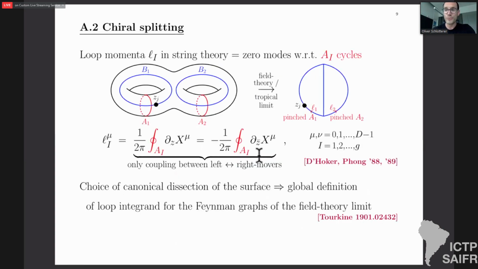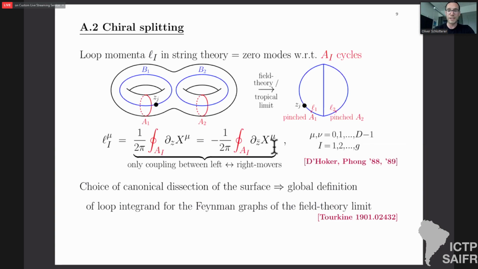Now, I do promise closed string amplitudes, but maybe it's quite economic if we truncate the problem to an open string calculation. So for the integrand, the correlators, this can be done using chiral splitting. So we would like to decouple the left and right moving worldsheet degrees of freedom, which at tree level is no problem.